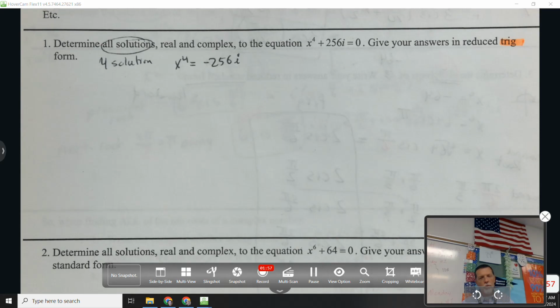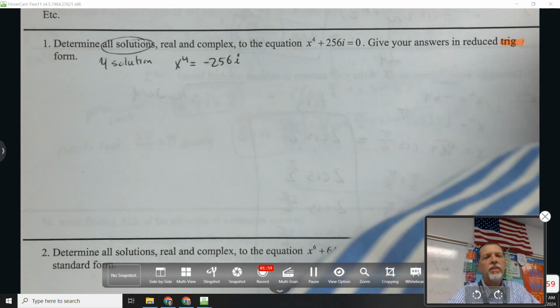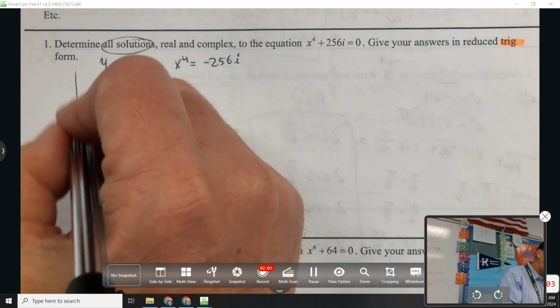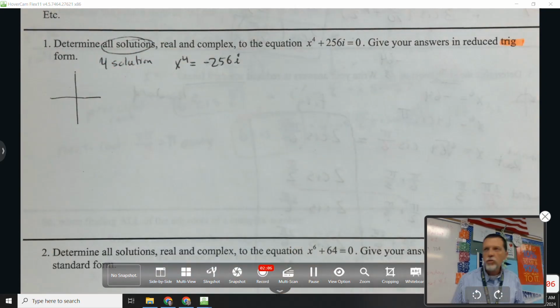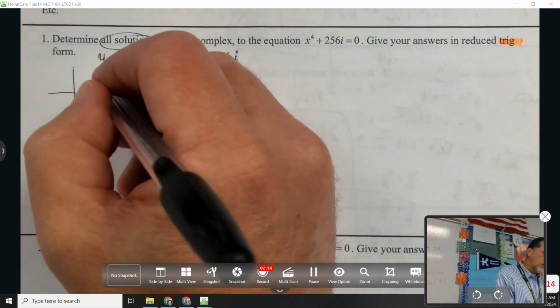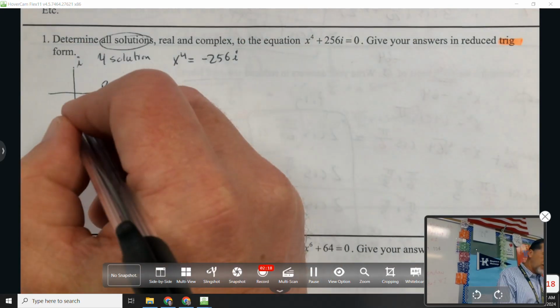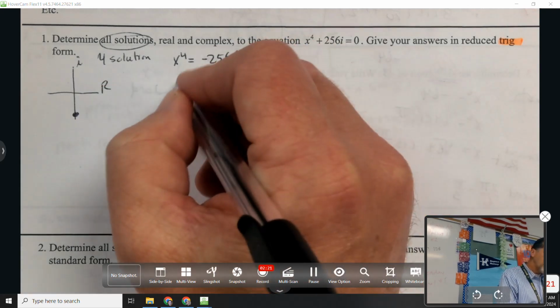I want a 4th root of both sides, but before I do that, I should probably rewrite negative 256i as a trig number. That way I can use the trig tricks with the 4th. So let's see, this is the real axis and the imaginary axis. So negative 256i would be down here.